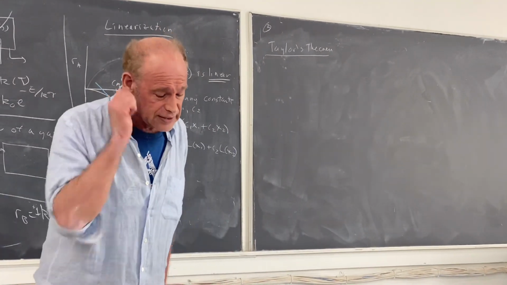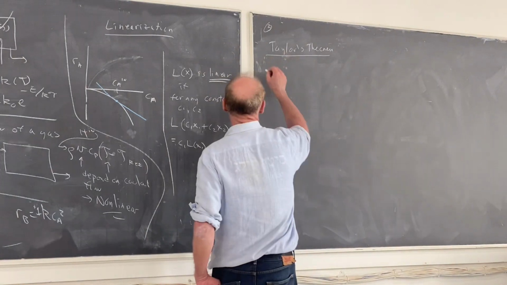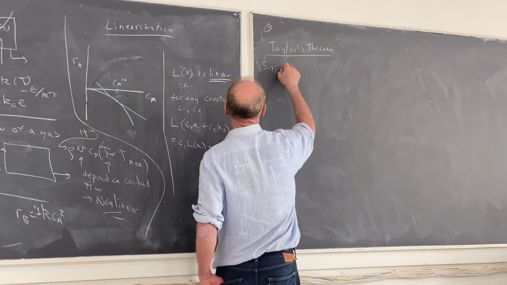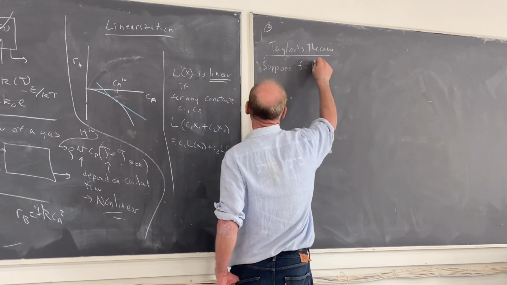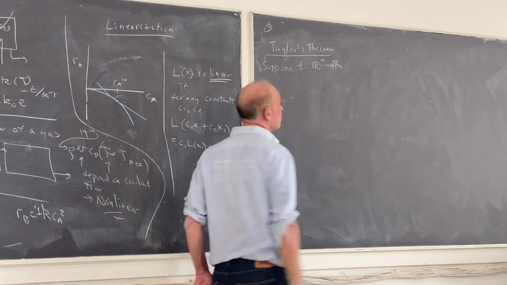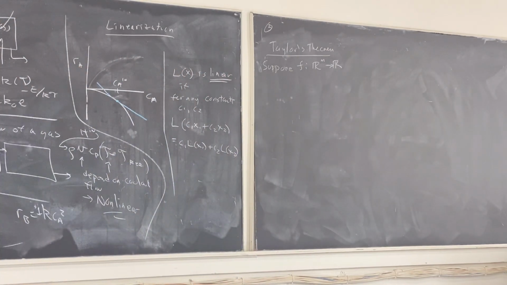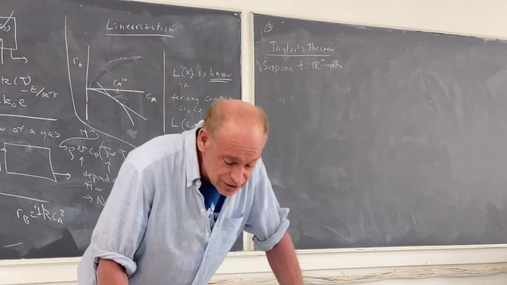Taylor's theorem says, suppose f is a function from R to the n to R. That means the domain could have many dimensions, but we're going to take a simple case where the range is just one dimension.